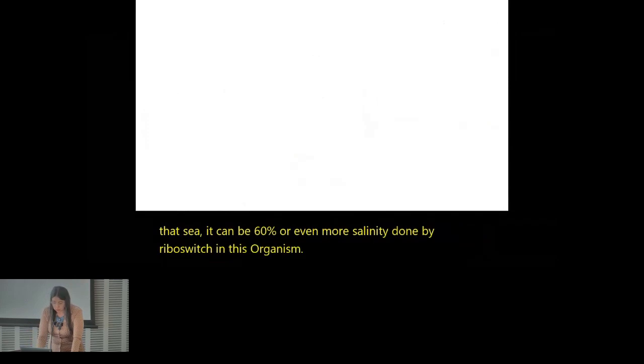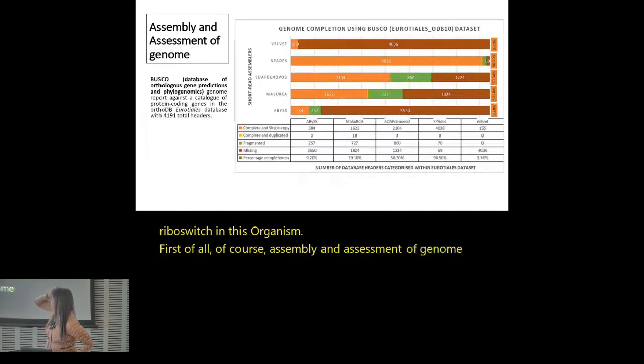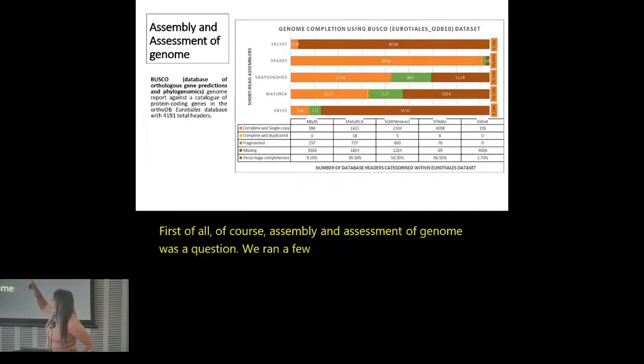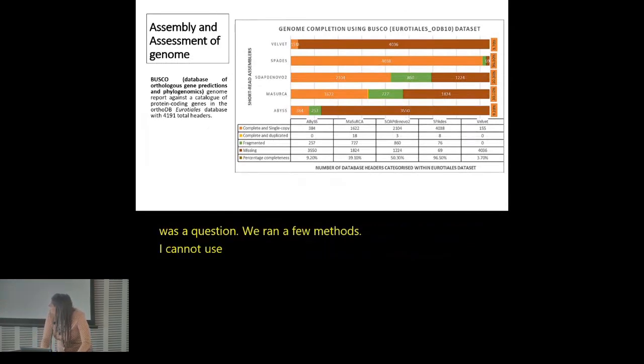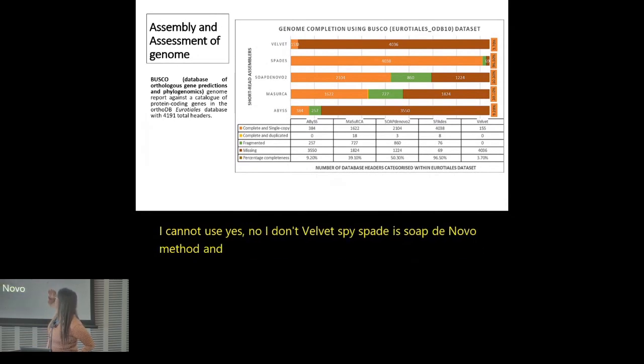So first of all, of course, assembly and assessment of the genome was a question. We ran a few methods: Velvet, SPAdes, SOAP de novo, Mazurka, ABySS, and other methods.